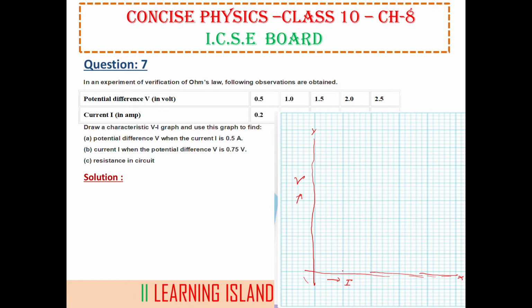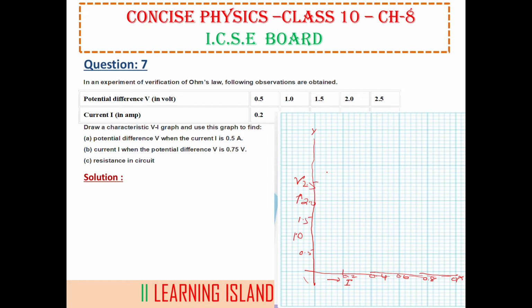If I take this as 0.2, this as 0.4, this as 0.6, this as 0.8, this as 1.0, and here also this is 0.5, this is 1.0, this is 1.5, 2.0 and 2.5.